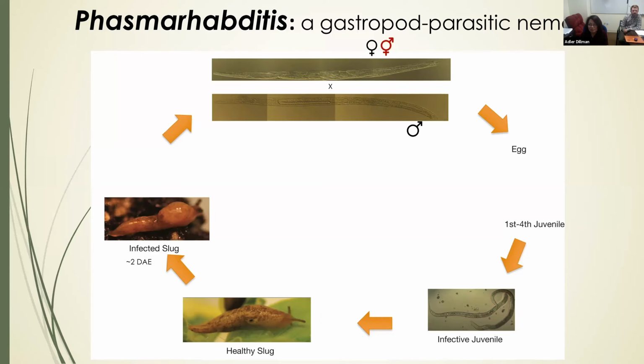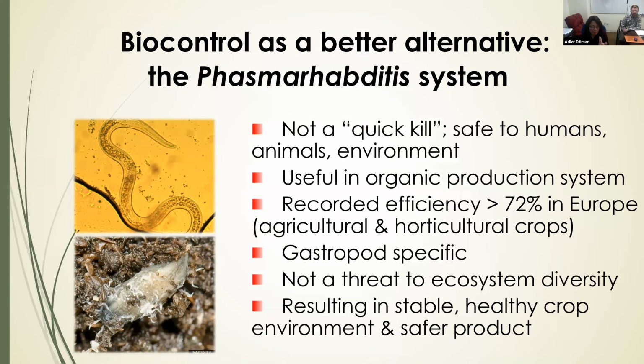And within 2 days, there will be symptoms that are expressed. And probably 5 days, then the whole carcass will be consumed by the nematode, and the cycle is completed and repeated. So most of the time you will see in this picture here, thousands of adult nematodes that are feeding on the carcass after the slug dies.